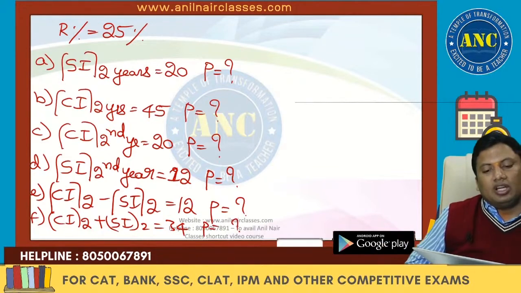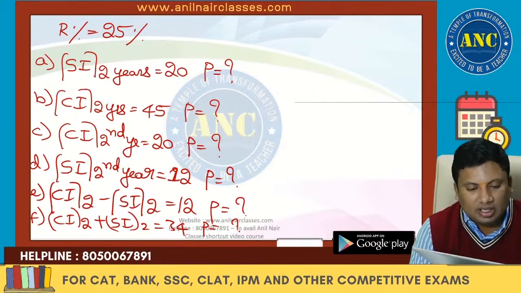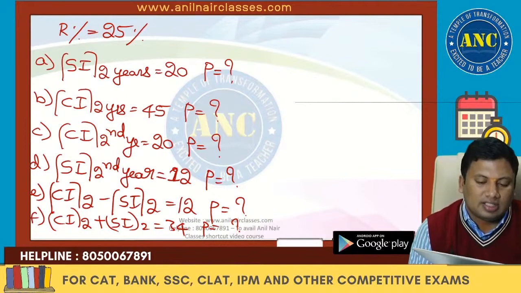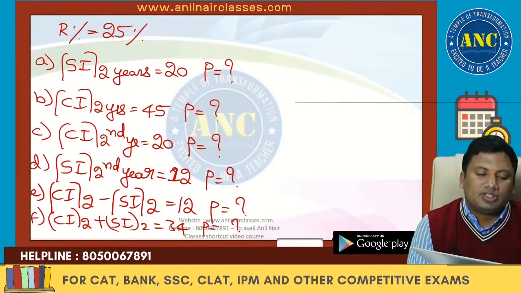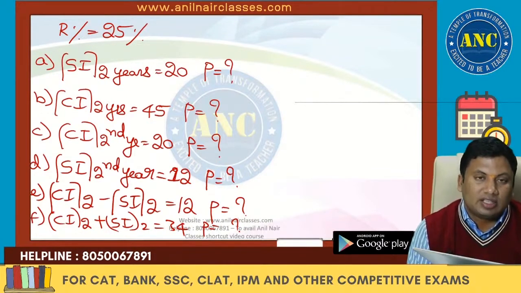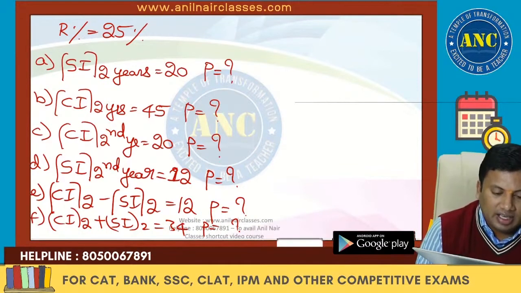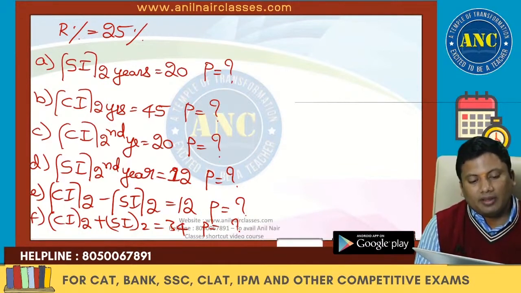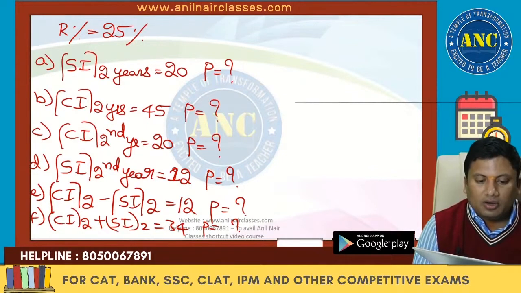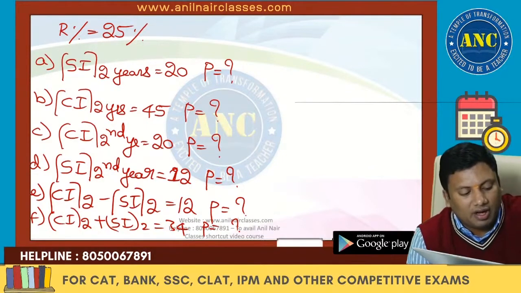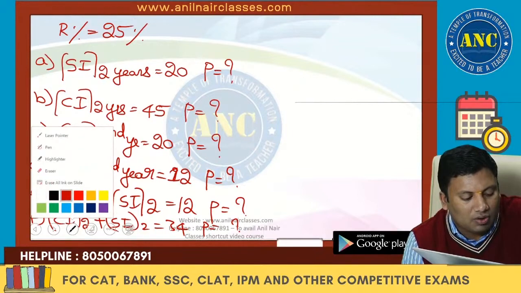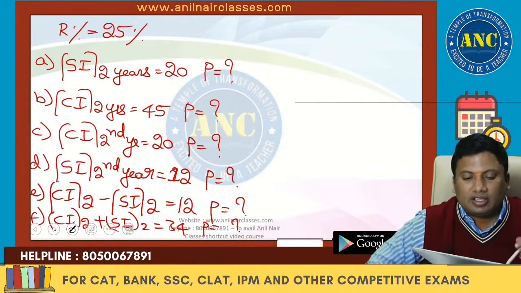R percentage is 25 percentage. SI for 2 years is 20. Find the principal. CI for 2 years is 45. Find the principal. CI for second year is 20. Find the principal. All the questions without any single formula. Let us solve all the questions in less than 20 seconds.